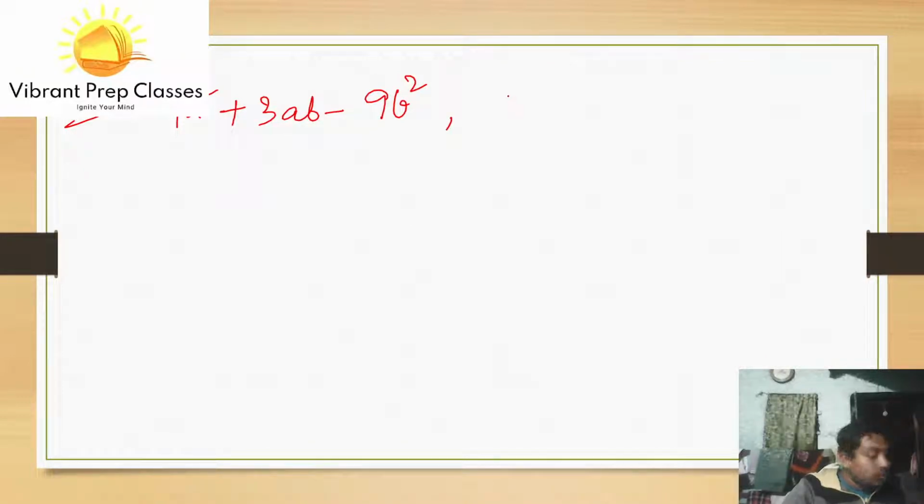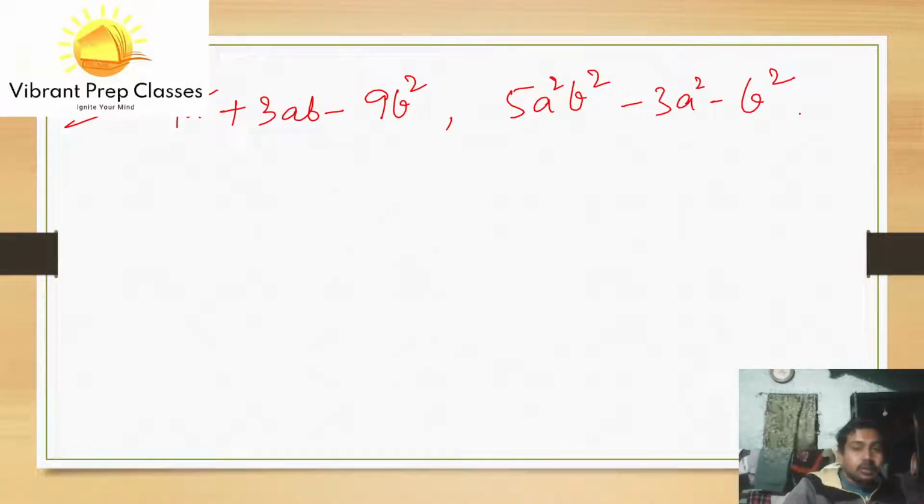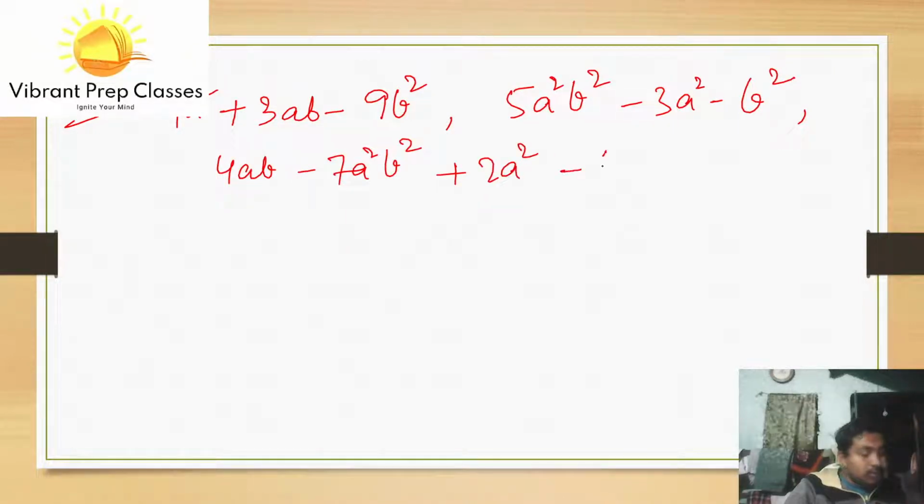You have to add 4a² + 3ab - 9b², then 5a²b² - 3a² - b², and 4ab - 7a²b² + 2a² - b².